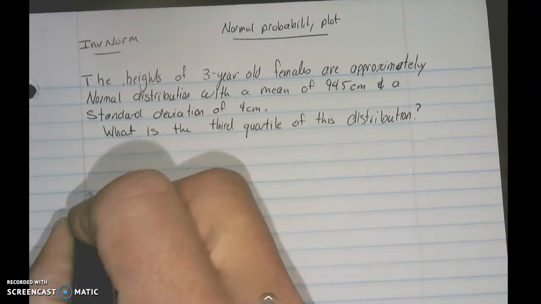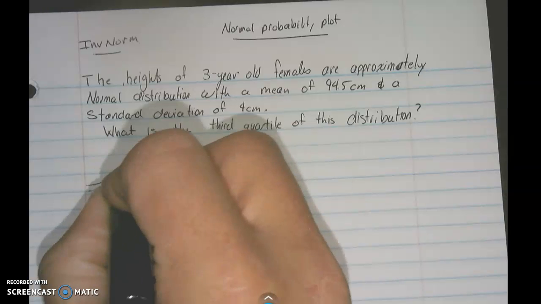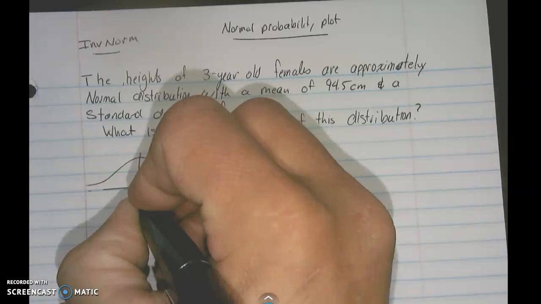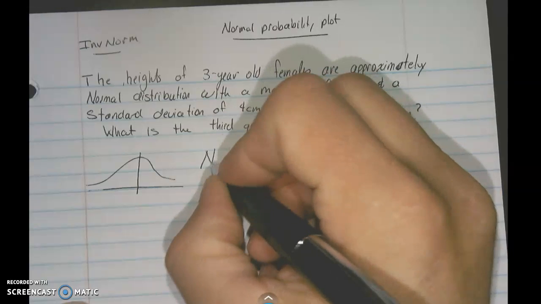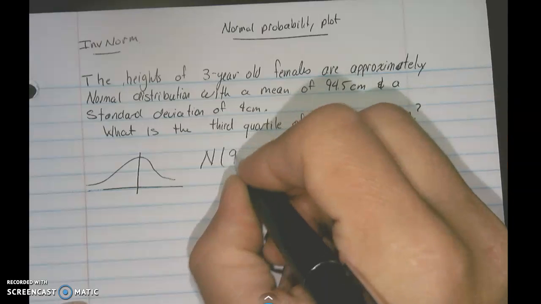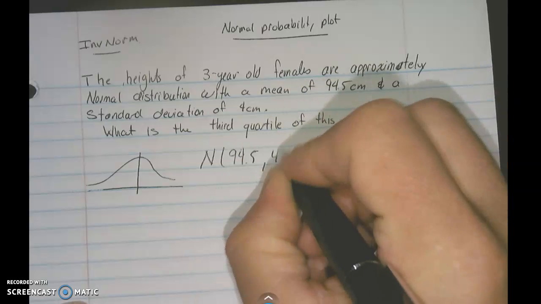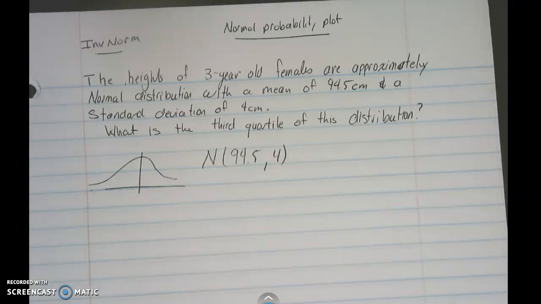So if we draw a picture again, like we did earlier, and this time, Garen, they actually tell us what the mean is and everything like that. So it would look something like this, because the data this time is not 0 and 1.